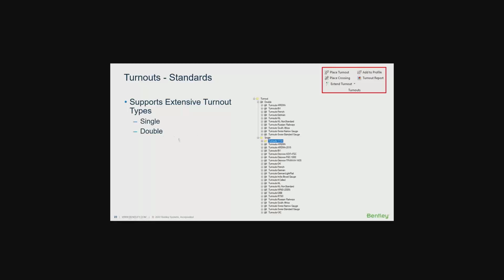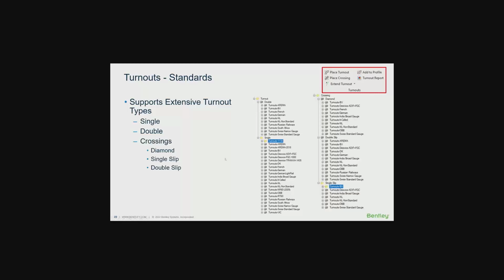Okay, so the software supports extensive turnout types, be it single or double turnouts. Looking at this figure here, you would see that we support almost all those global standards that we have in modeling or designing our alignment.